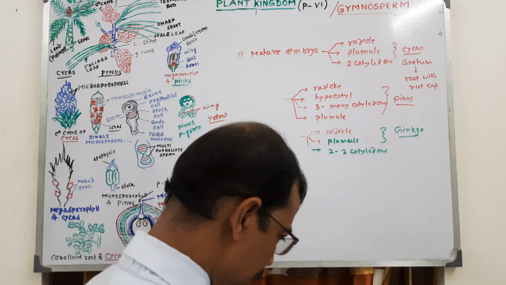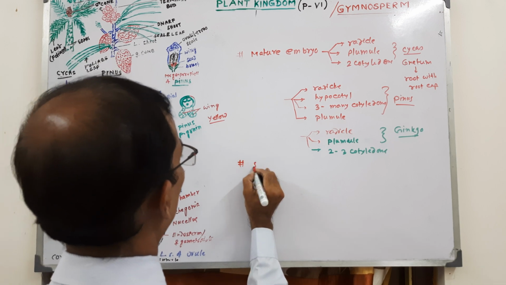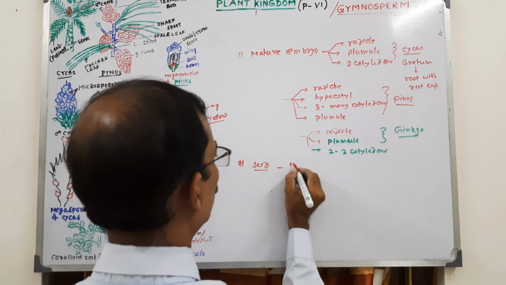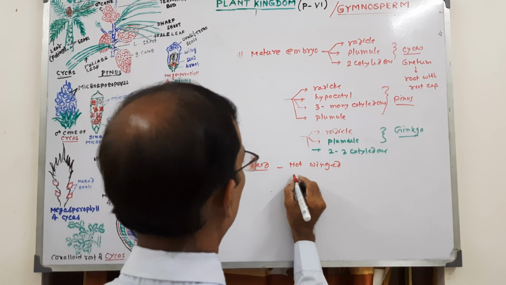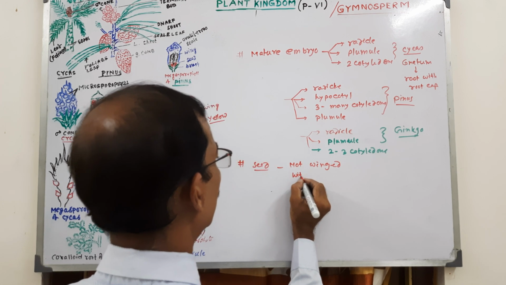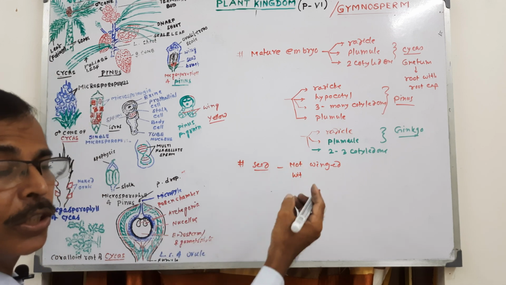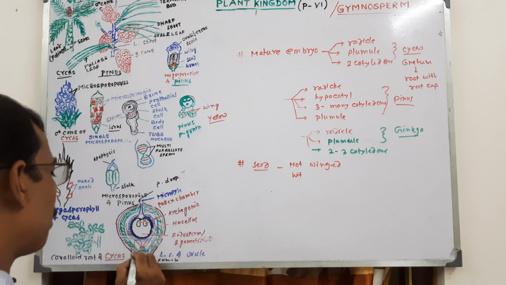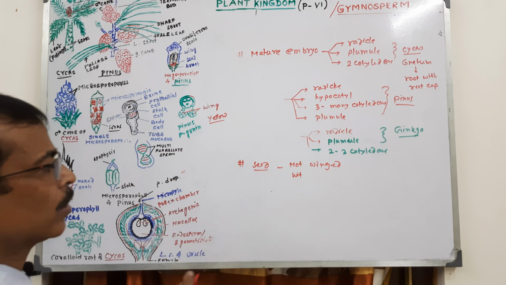Now about seed structure. Seed may be not winged, in most cases not winged, without aril. Aril is sometimes found in lychee, maize, where the nucellar part comes outside of the seed coat and forms a fleshy structure which is called aril.